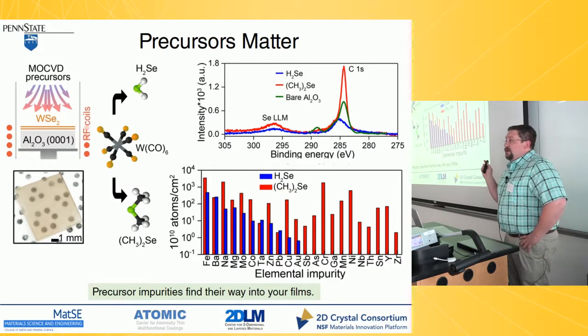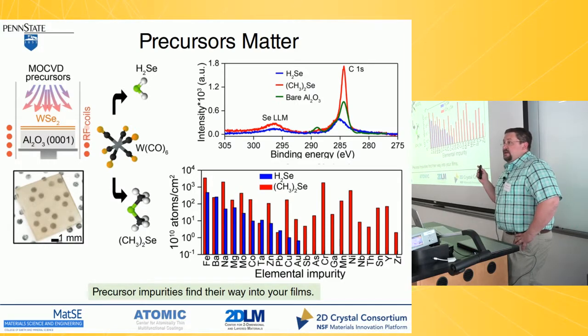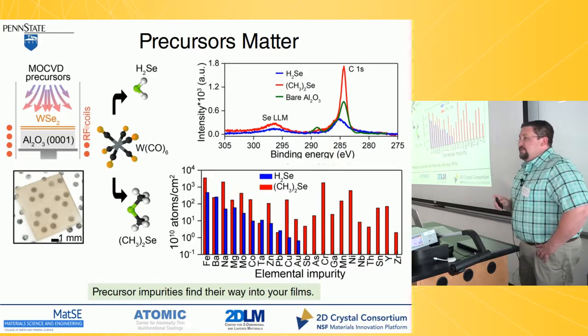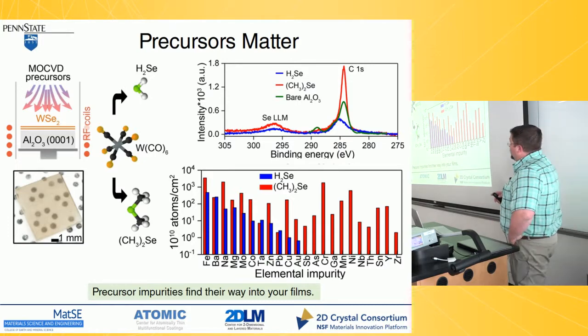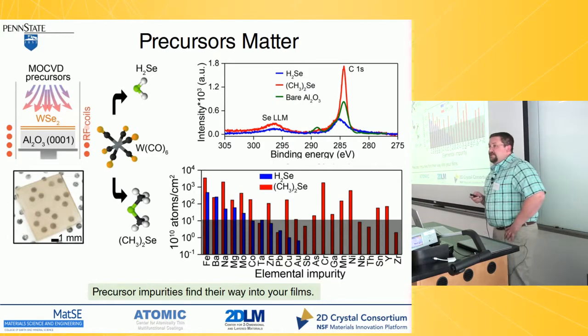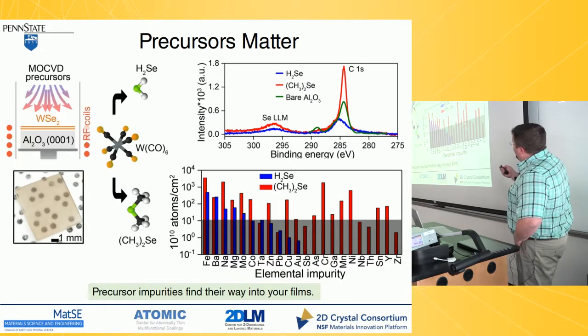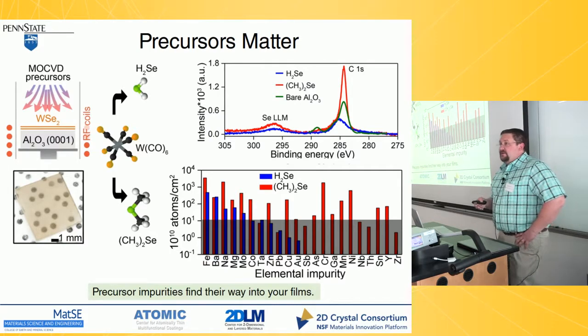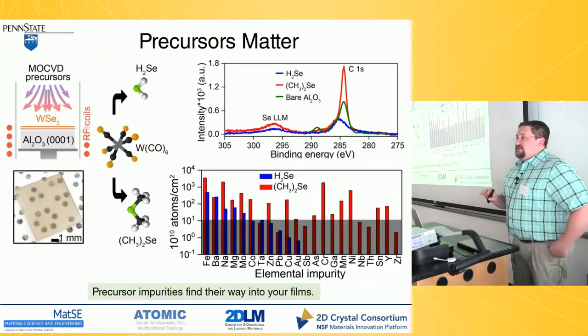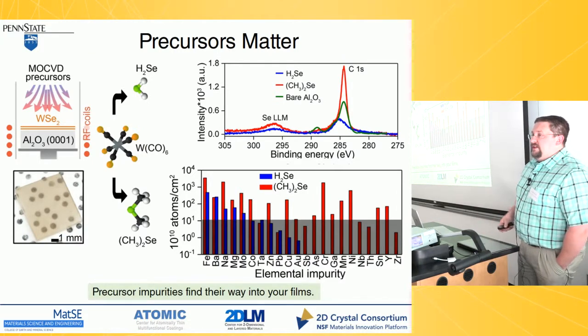This is well below what you find in XPS, but not well below what can ultimately impact the electronic properties. So about 10^11 atoms per centimeter squared, so that's this guy right here. Anything above that is going to impact our electronic properties if we think about it from the silicon perspective. So silicon standards, we want to be below 10^11 atoms per centimeter squared.